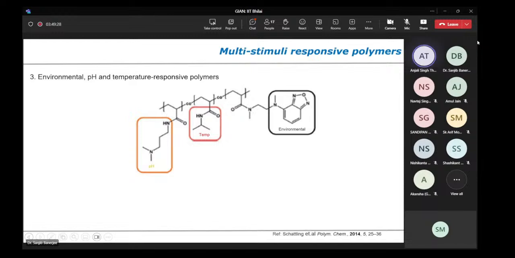Yes, sir. Can you explain why this molecule is pH responsive? By definition I know, but by seeing both these images I didn't know. So by definition, what is your expectation? Why should a molecule be pH responsive?